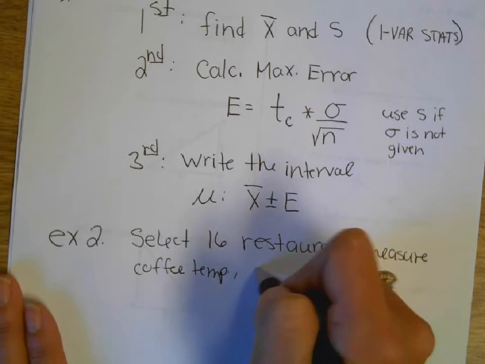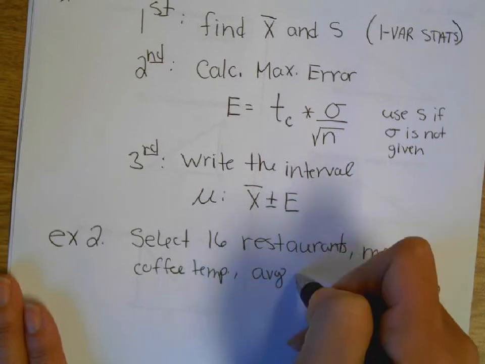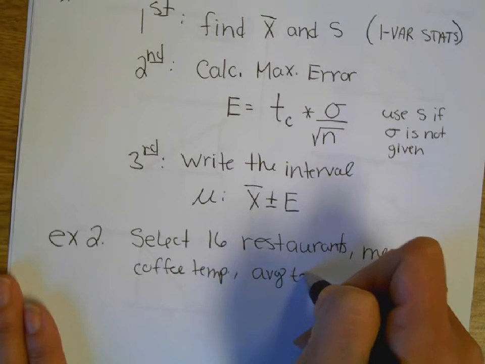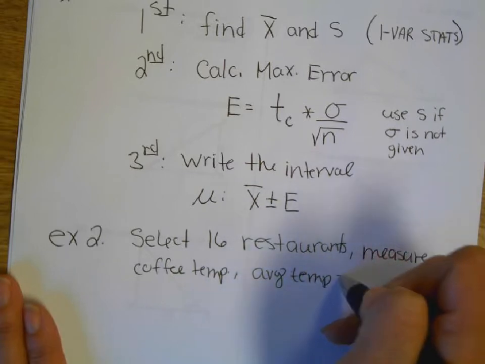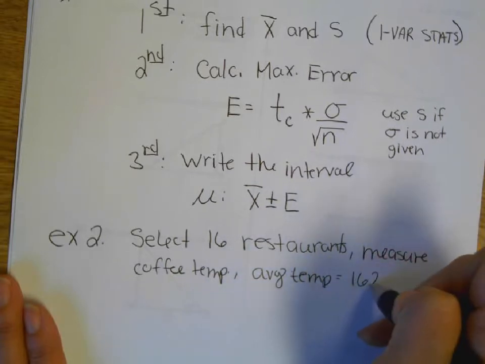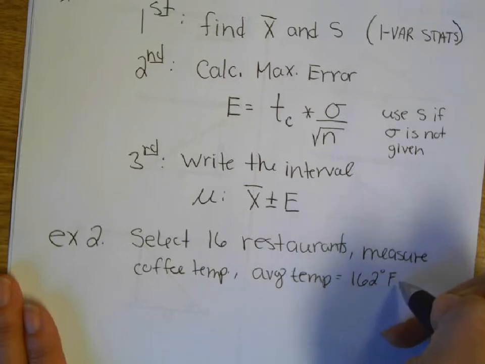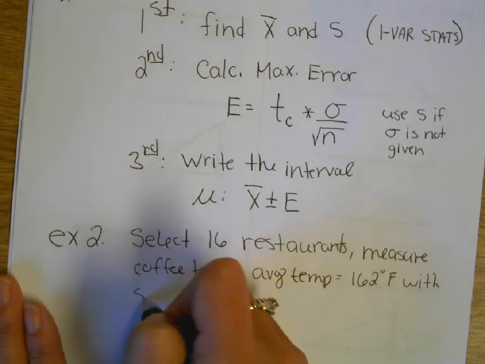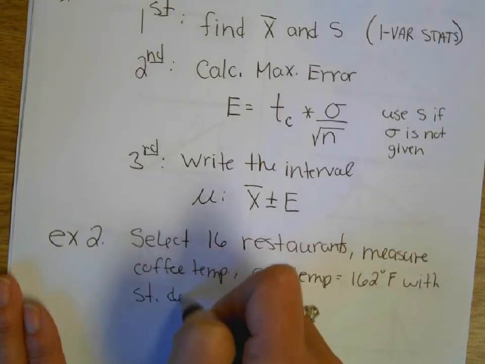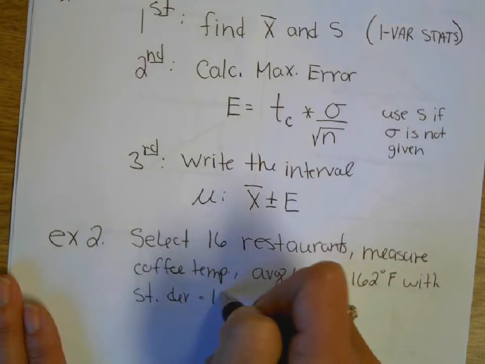And you find that the average temp was equal to 162 degrees Fahrenheit, with standard deviation 10 degrees.